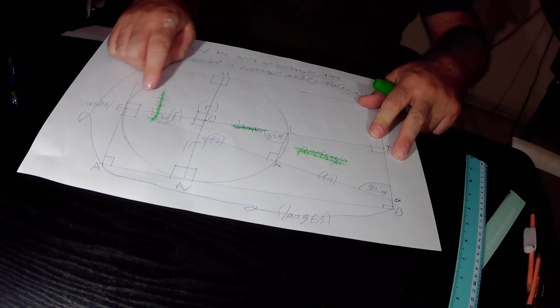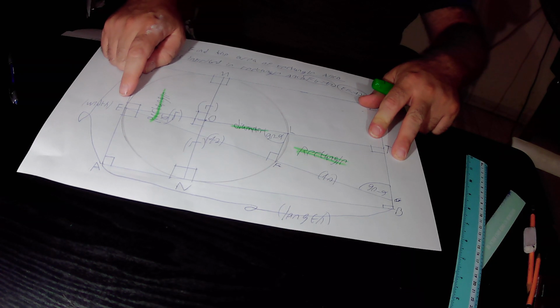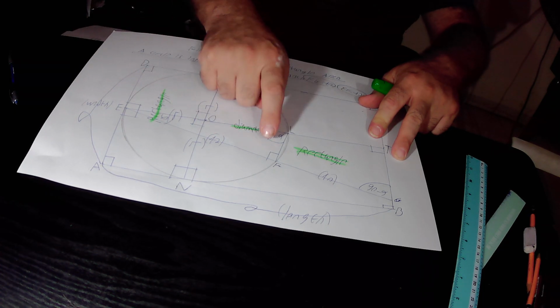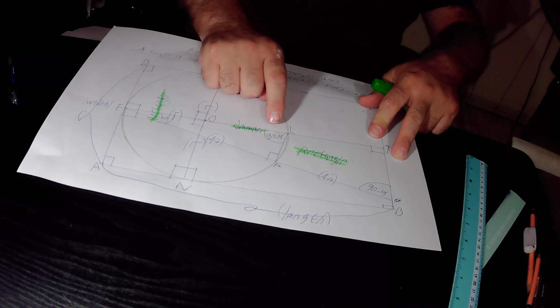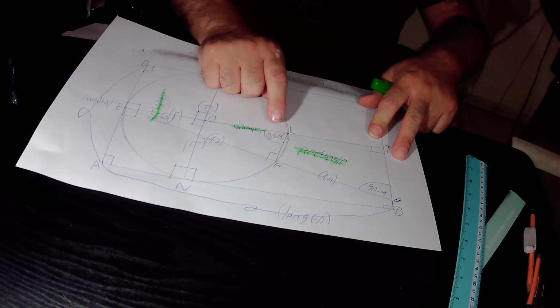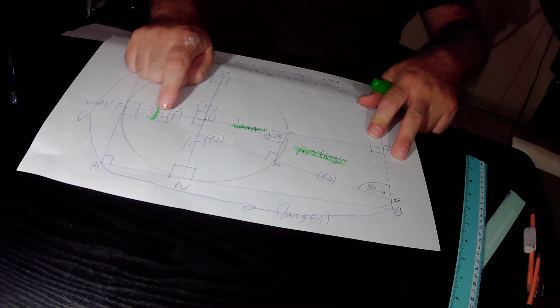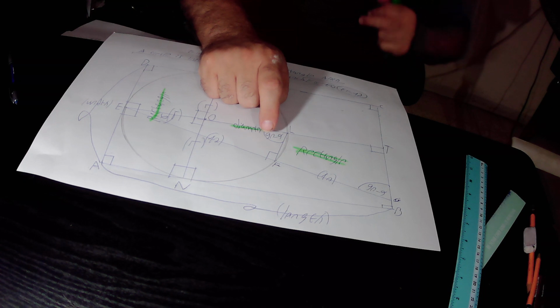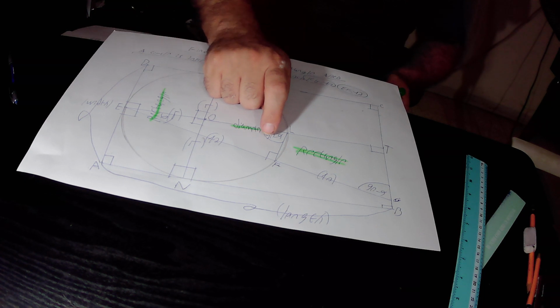We defined this angle as angle alpha. So in the small right triangle EFL, this angle equals alpha, this angle equals 90 degrees, according to rule 7. Therefore, this third missing angle must be equal to 90 degrees minus alpha. Why? Because 90 degrees minus alpha plus alpha is 90 degrees, and 90 degrees plus 90 degrees is equal to 180 degrees. That is the sum of the angles in any triangle.